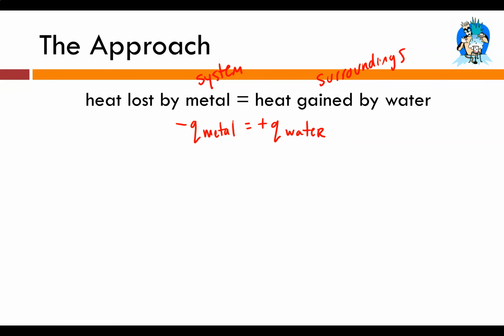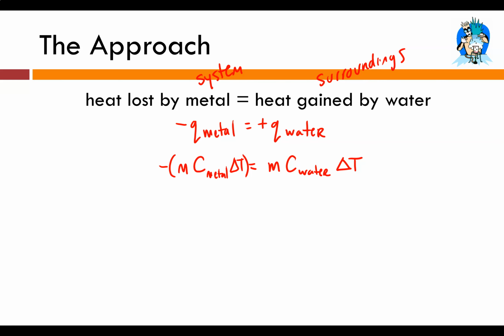In the previous lesson, we learned that Q is equal to mcΔT. So I've got negative mc of the metal ΔT is equal to mc of the water ΔT.